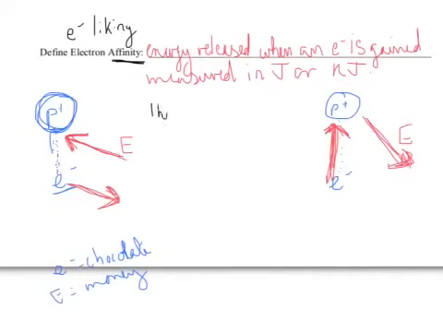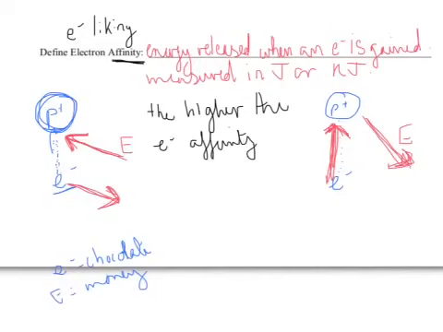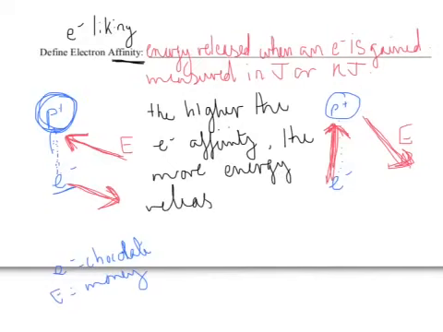So the higher the electron affinity, that means the higher the electron liking, the more energy released to gain the electron.